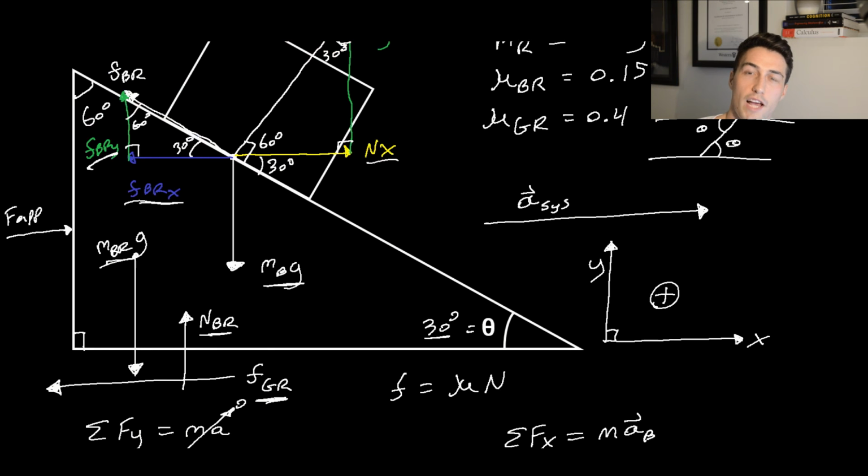So in this problem, we actually have a frictional component of the wedge on the ground, when in the last one we could ignore the effect of friction. So we have to be careful that we don't just do F applied is equal to the mass of the block and the ramp times the acceleration of the system. We do have to understand that this frictional force is going to be acting against this, so we have to account for that.